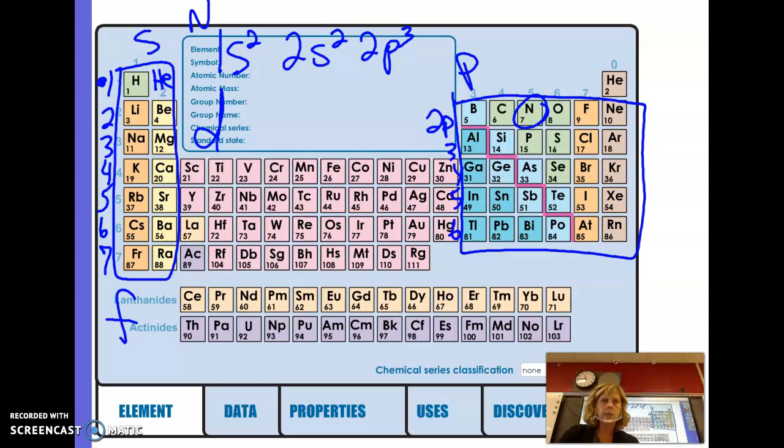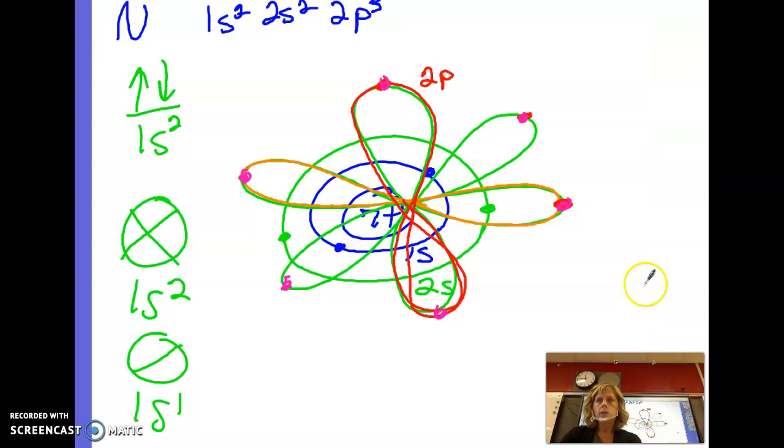Remember when I said the p orbitals look like this, and I said they're on the plane, so one plane goes this way, one plane goes this way, and one goes forward and back on that plane. Each of these orbitals in the 2p sublevel can only hold 2 electrons.